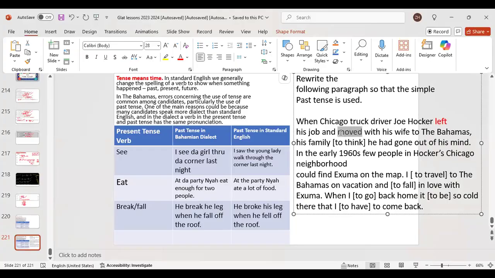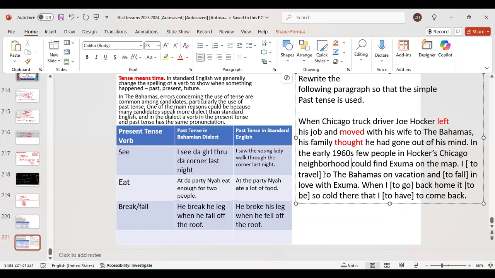Moved, with his wife to the Bahamas. His family to think, thought. Very good. He had gone out of his mind. In the early 1960s, few people in Hawker's Chicago neighborhood could find Exuma on the map.